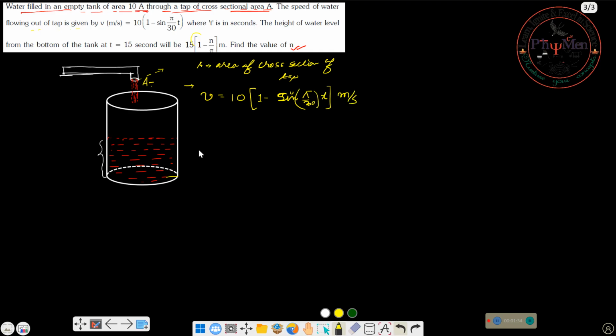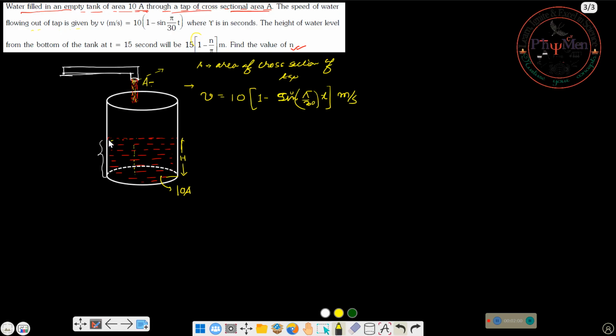Now after the flow of this water, it will pour into this tank. After 15 seconds, the tank will have a height of h, and the tank area is given as 10a, the area of cross section of the tank.